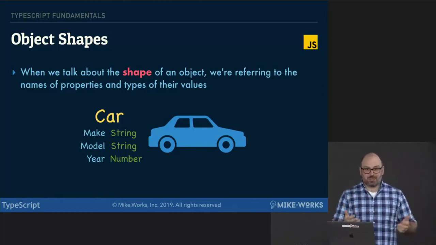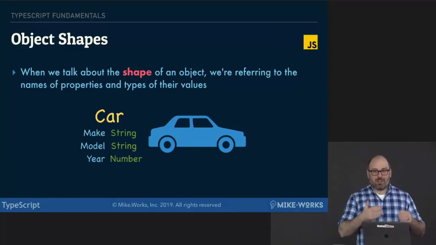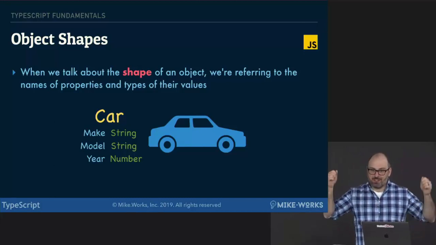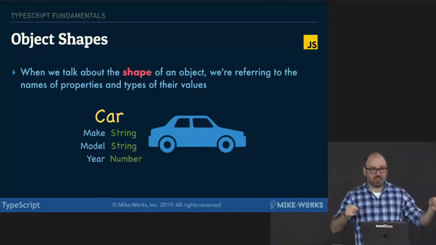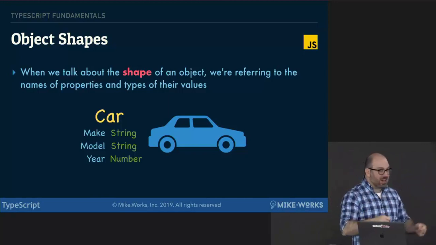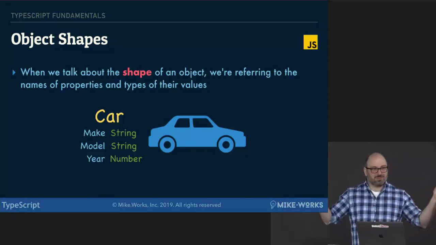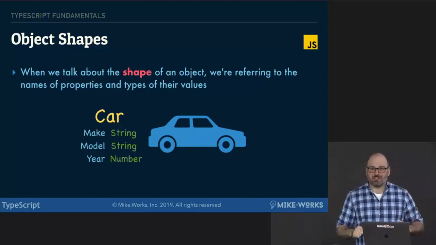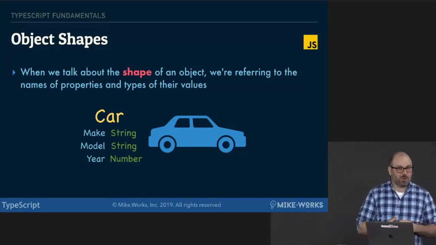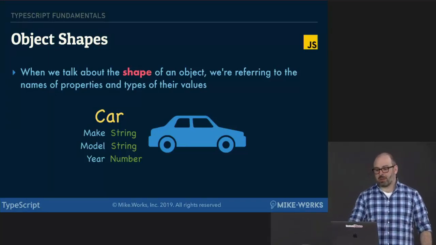Same goes for functions. We really only care about the arguments and the return type. And if you create a totally different function that meets those criteria, that will end up being type equivalent. That will be usable where you need that type to be used.